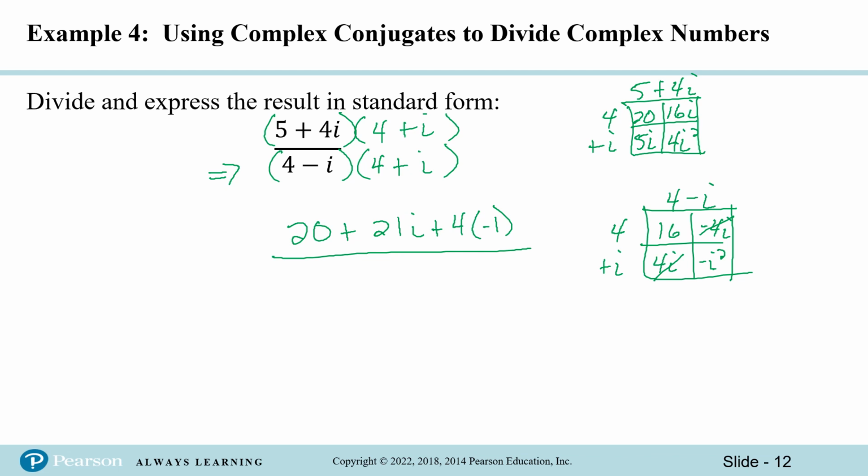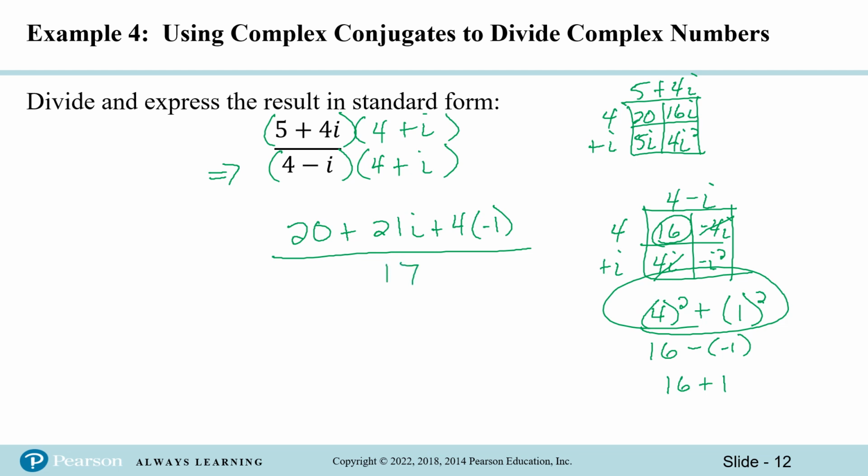So we end up with the first number squared plus the second number squared. So where did we get that? So we have our 16 minus a -1 is 16 plus 1, which is the same as if you were to use the formula. So 16 plus 1 is 17.